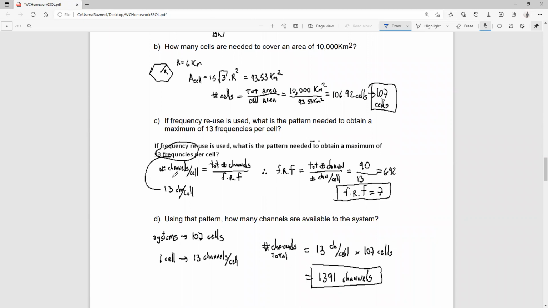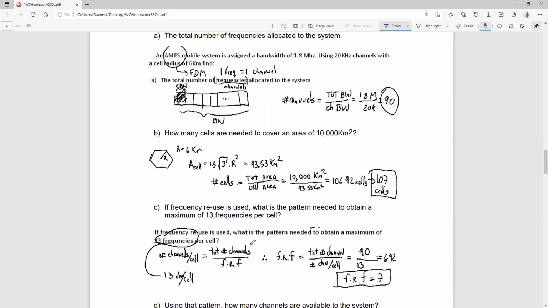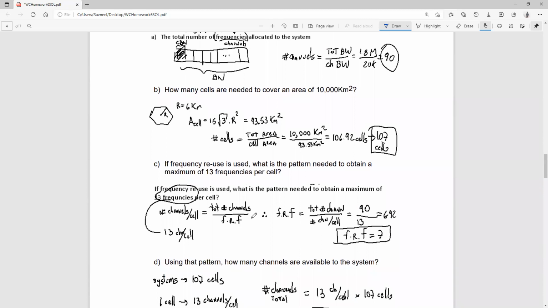In that particular case, the frequency reuse factor can be calculated as the total number of channels divided by the number of channels per cell. The channels per cell is basically given by the total number of channels divided by the frequency reuse factor.